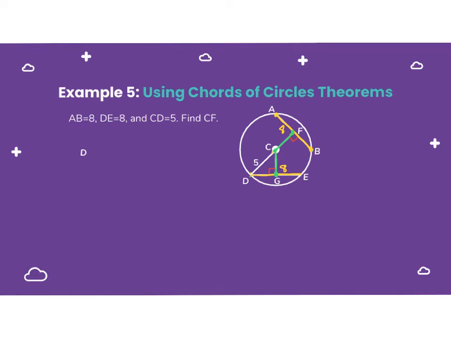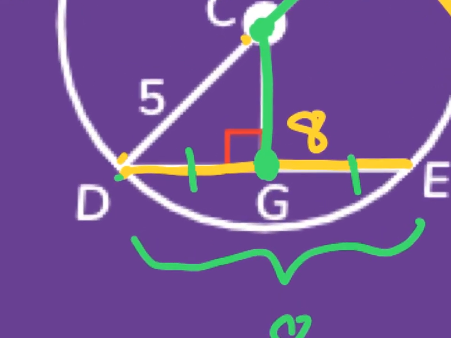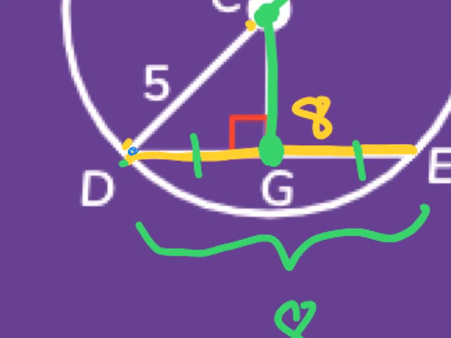We also know that CG bisects DE and CF bisects AF. So if the entire distance of DE is 8, then this little section here, from D to G, is going to have to be half of 8, which is 4.